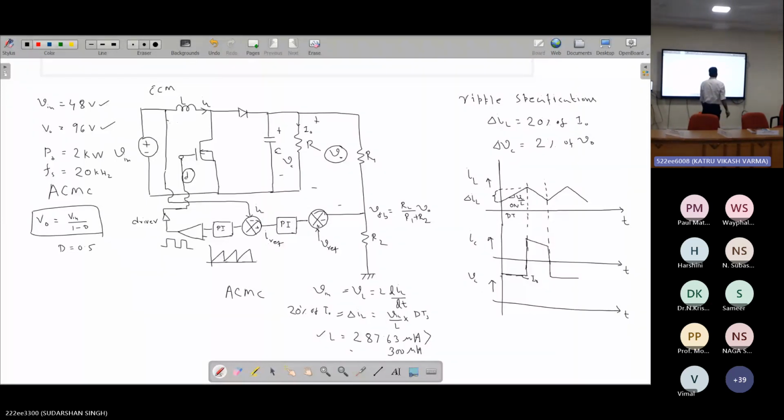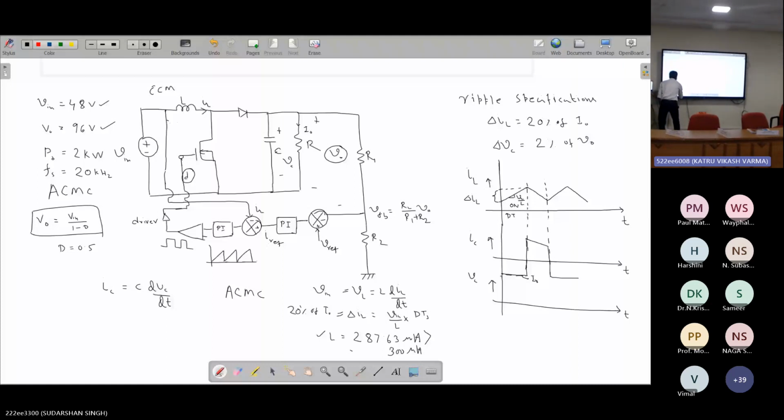Now how to get the waveform of VC? We need to use the voltage-current relationship of the capacitor, which is IC equal to C dVC by dt. And you can find out the VC.